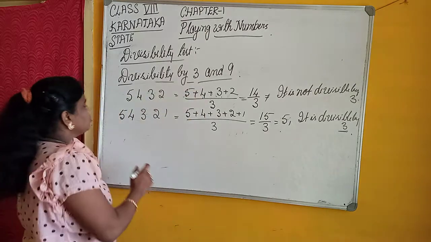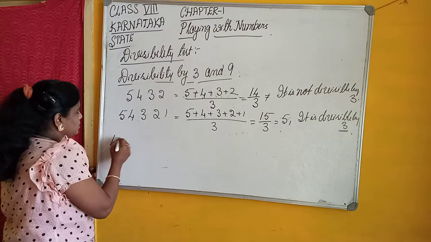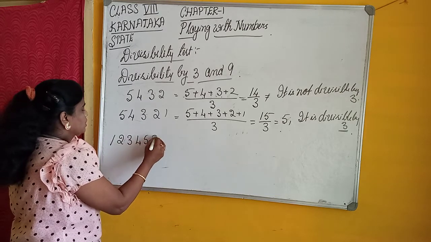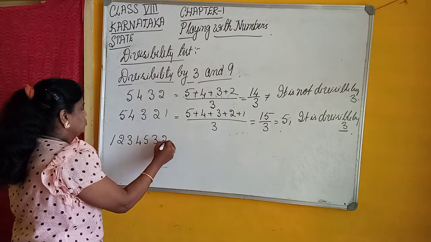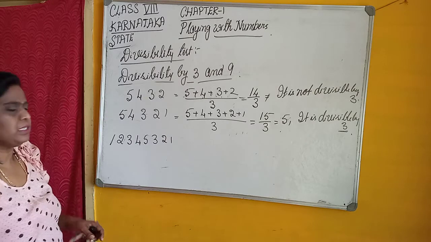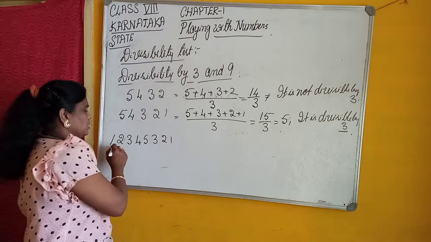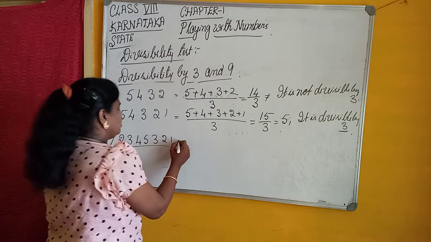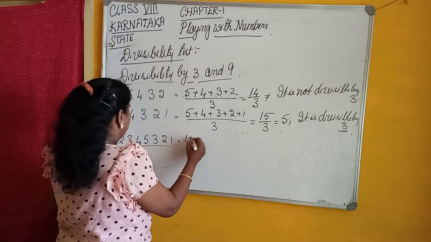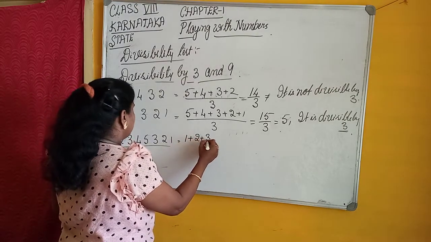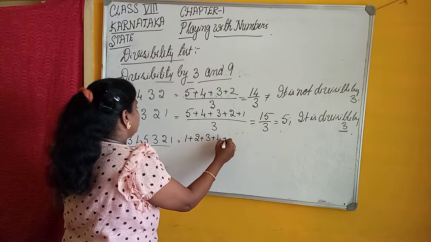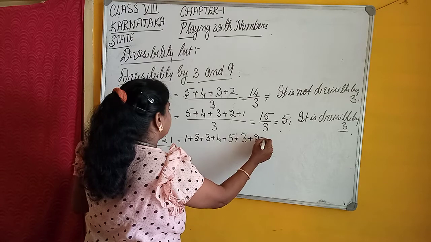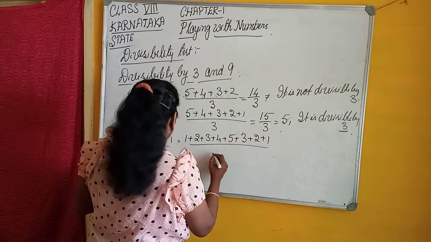For 9 also, we can do like this. That is 1, 2, 3, 4, 5, 3, 2, 1. This number is taken. Let us check for this. Is it divisible by 9 or not? That is equal to 1 plus 2 plus 3 plus 4 plus 5 plus 3 plus 2 plus 1, divided by 9.